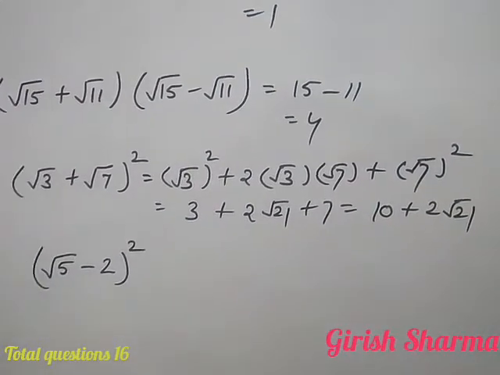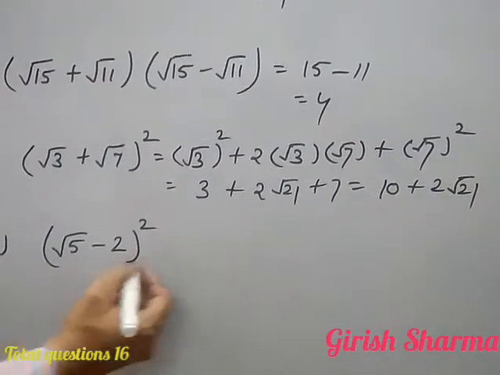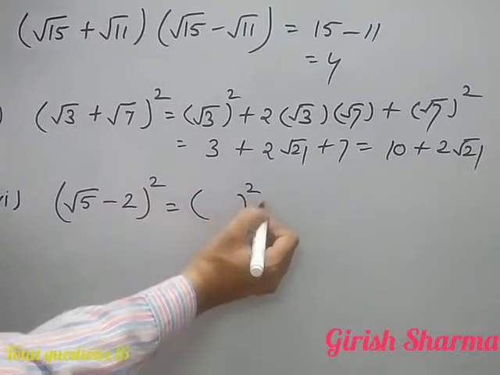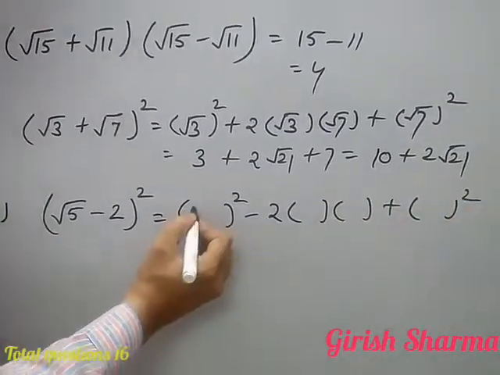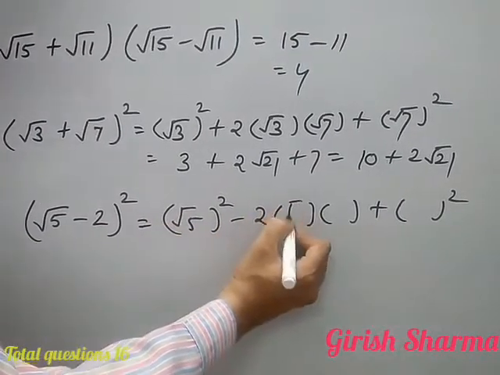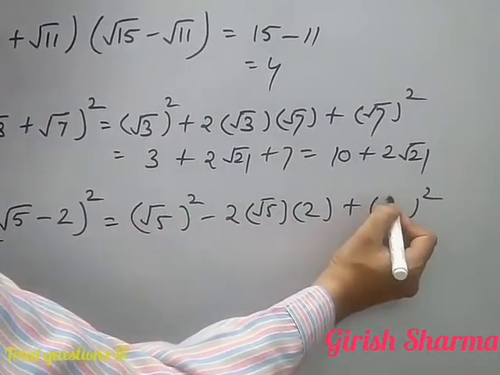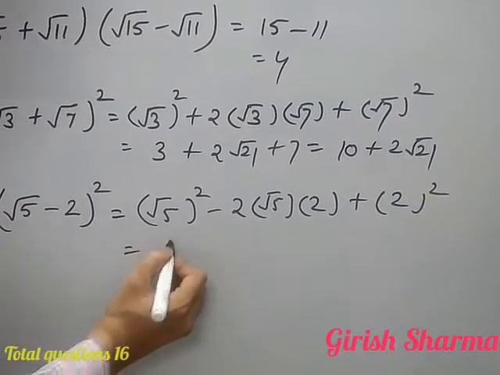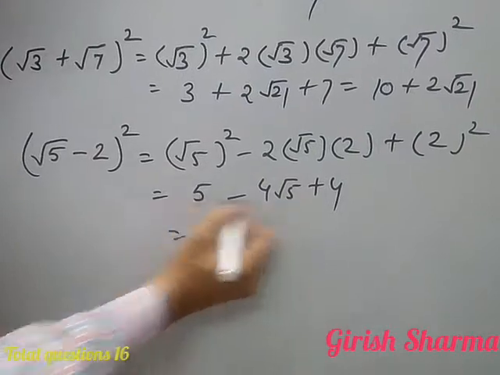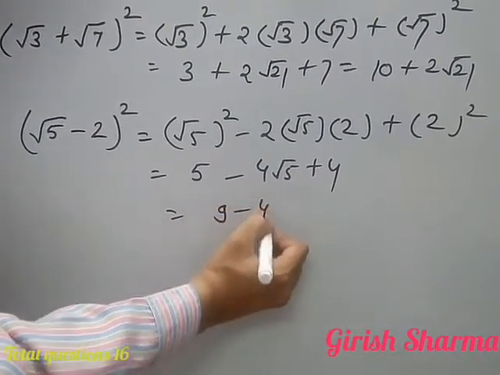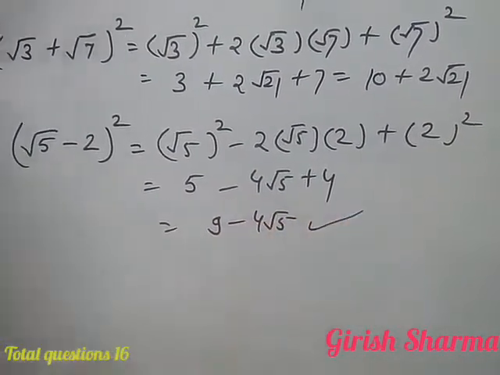This is the answer. Then the last one, this is a minus b whole square. This is a square minus 2ab plus b square. Root 5 square is 5 minus 4 root 5 plus 4. 5 plus 4 is 9, so 9 minus 4 root 5. This is your answer.